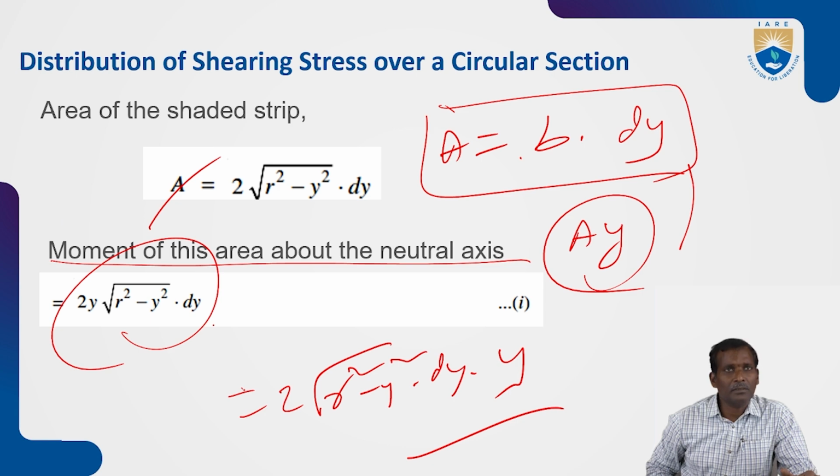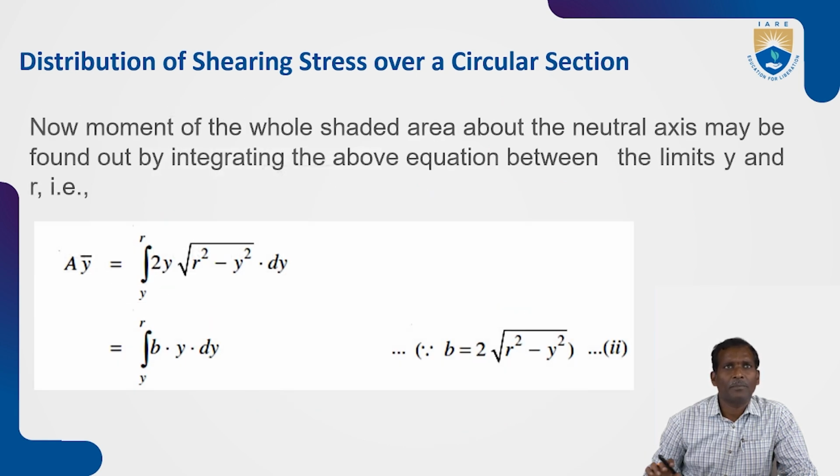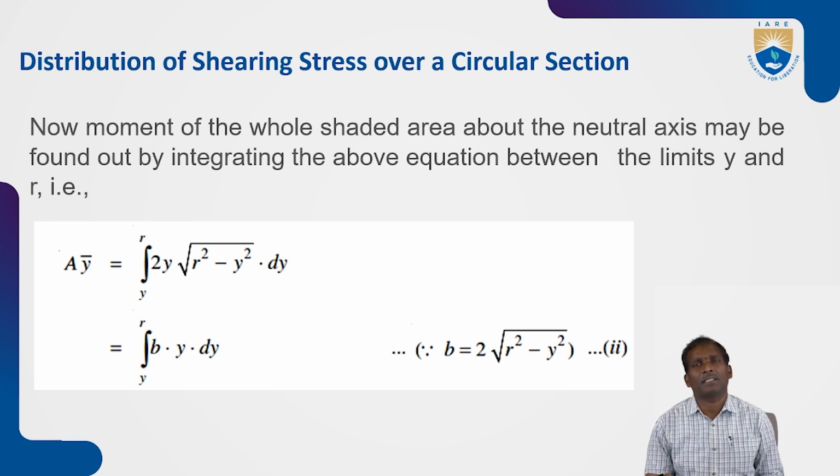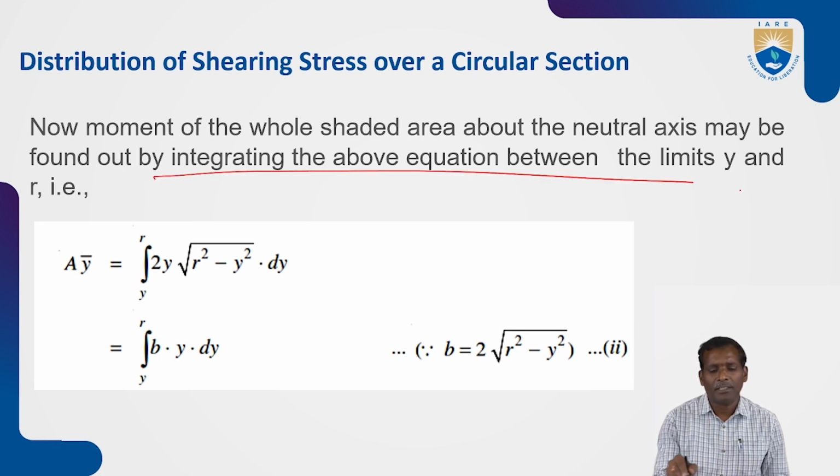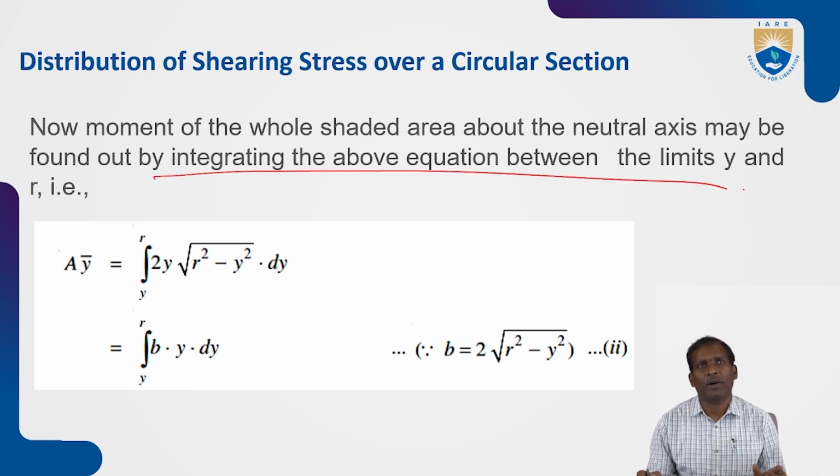Written as one equation, the moment of the whole shaded area about the neutral axis may be found by integrating the above equation between the limits y and r. The lower limit is y and the upper limit is r.